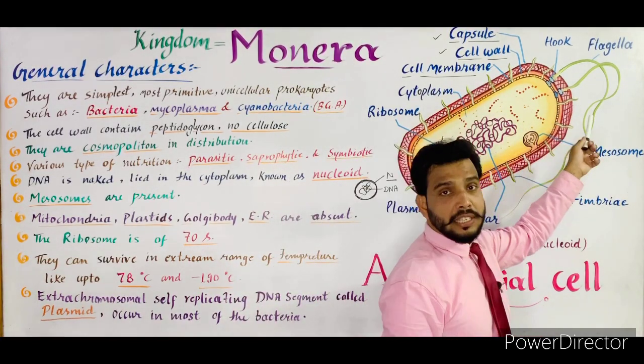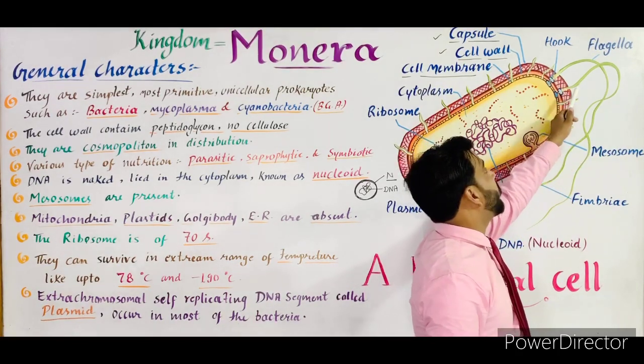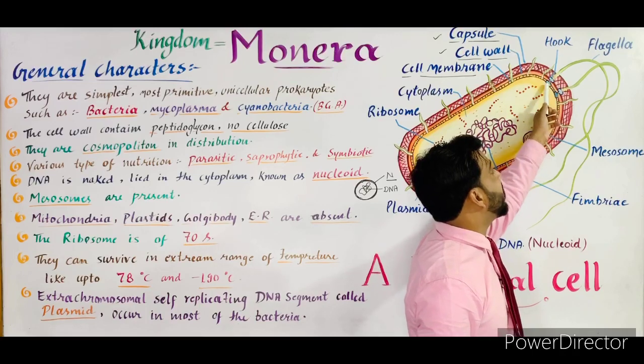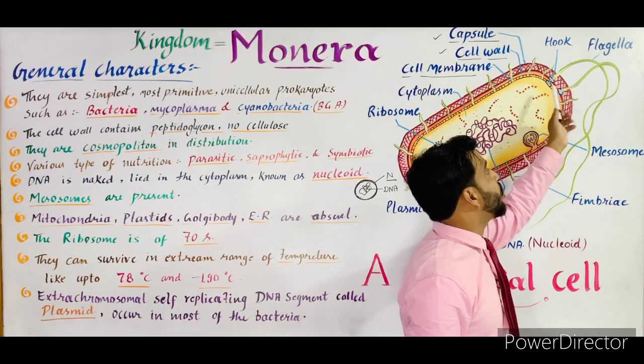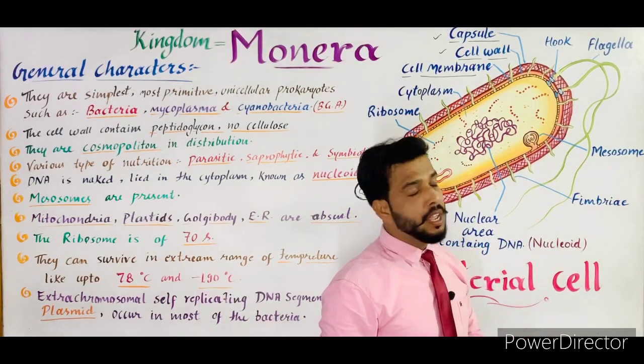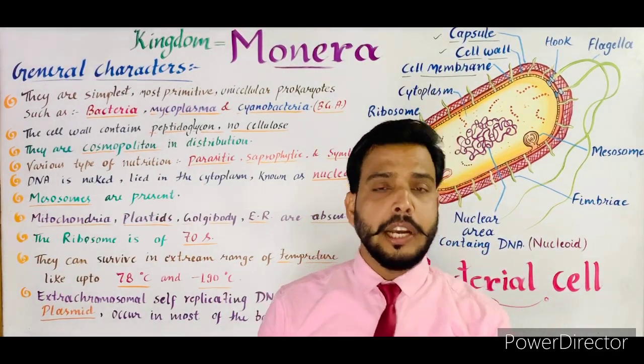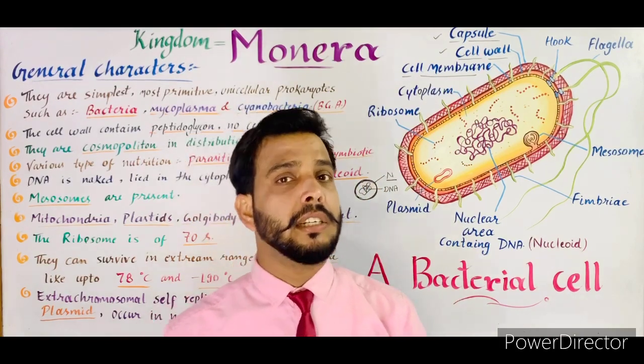There are two flagella, as you can see in the diagram. The flagella are attached to the cell wall with the help of these hooks, which help the flagella attach to the bacteria properly, and the flagella help in the locomotion of the bacteria. It's not compulsory that flagella are present in bacteria.